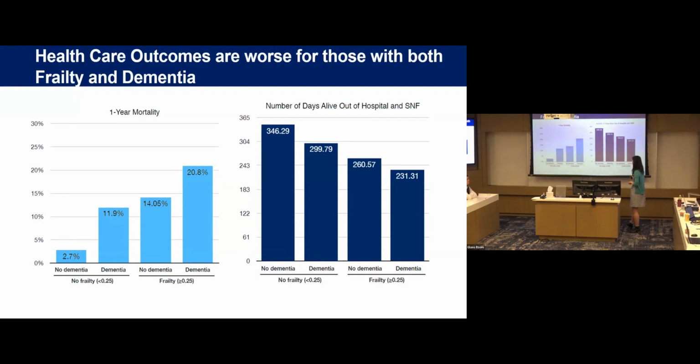And then for days alive out of the hospital and SNF, or time at home, how long are they able to stay home and not have to go to the hospital or a nursing home? As these conditions go on with frailty and dementia, or you could argue moderate or severe dementia, we're observing the shortest amount of time at home.